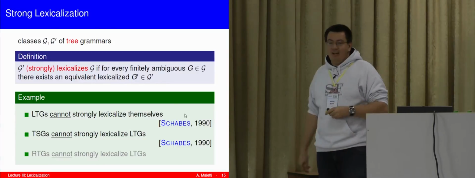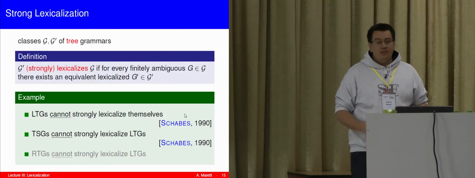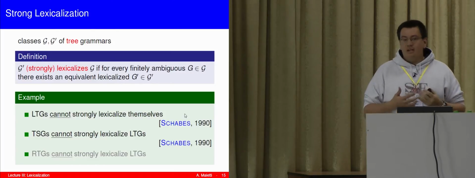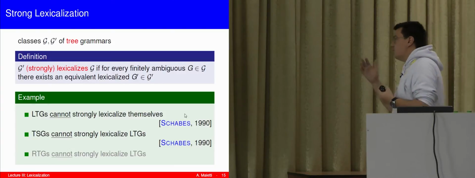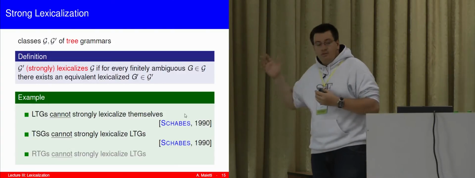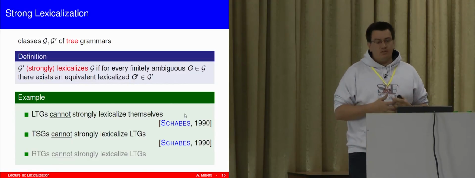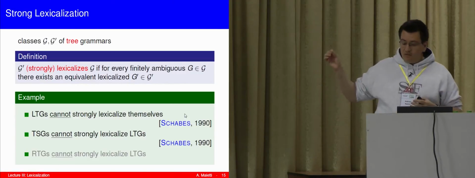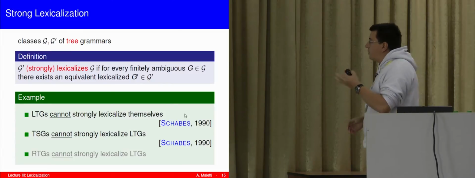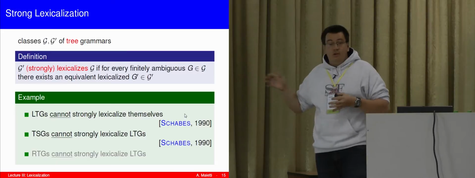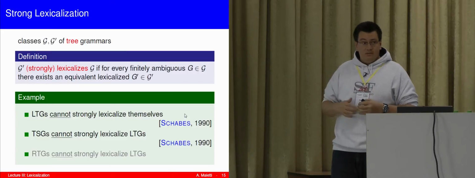It can also not be done by regular tree grammars. So it's not due to the fact that you don't have state information. The mechanism is simply too weak. So this is one of the things where regular tree grammars are not sufficiently strong. And this is actually part of the story that I tried to tell yesterday, at least in part. And this is one of the motivating things for linguists to go to stronger devices.